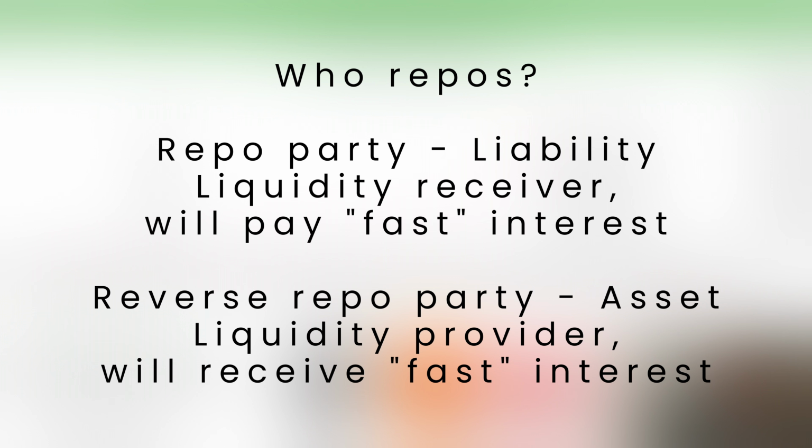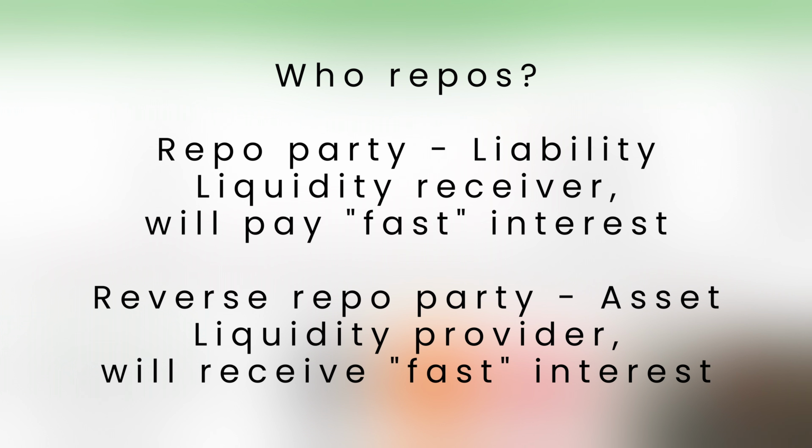These are risk-seeking, i.e. return-seeking entities who repo securities. Repo is a verb here. They repo securities, which means they sell treasuries with the promise to buy them back later, often the next day, at a higher price, to receive fast liquidity in exchange.